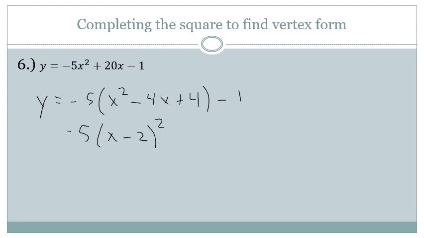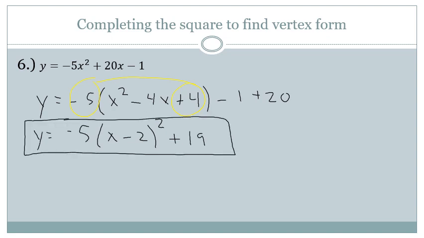And then remember, what did we actually add? We actually added negative 5 times 4, so we actually added negative 20 into here. So the opposite of negative 20 is a positive 20 to zero it out, right? Negative 1 plus 20 is 19. Okay. And that is the final problem.